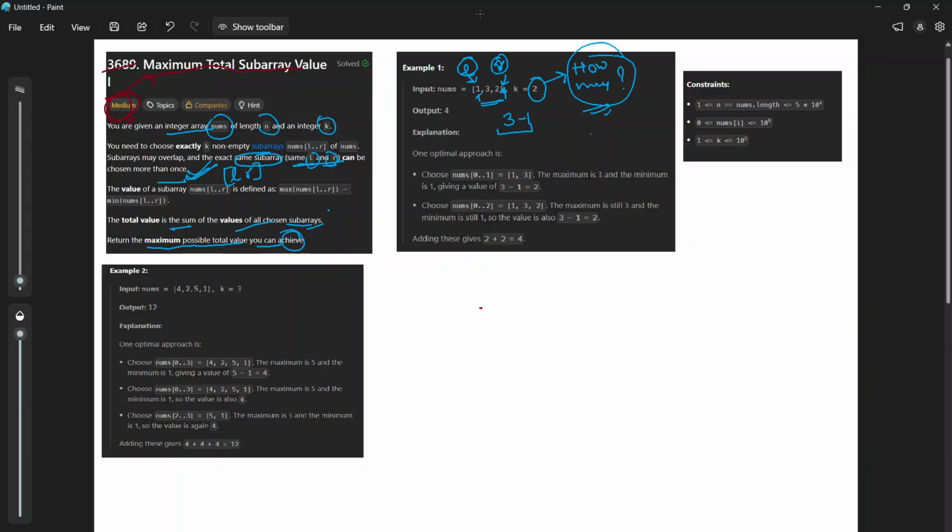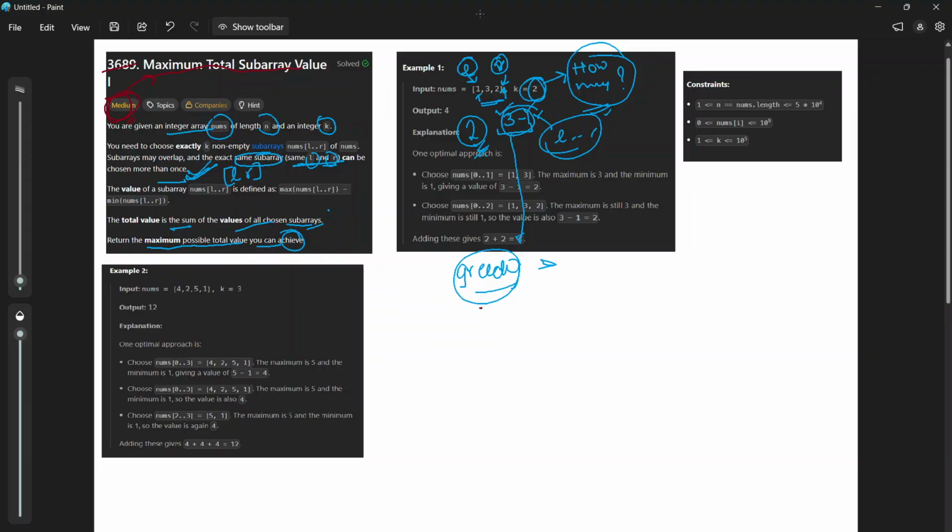So we have to maximize the difference between the maximum and minimum value of the subarray that we choose between L and R. From this we find that the difference is 2, and we can choose it 2 times. So it's a greedy problem. Let us go through a greedy approach.